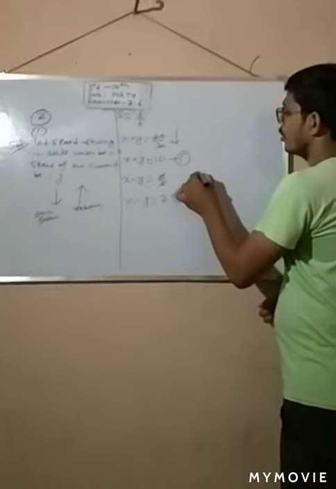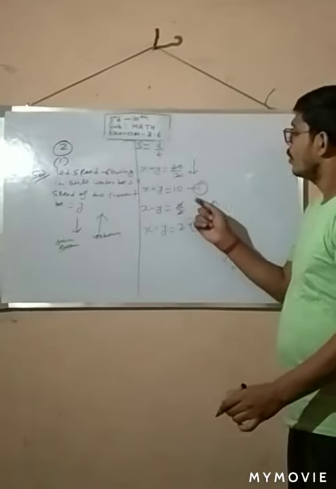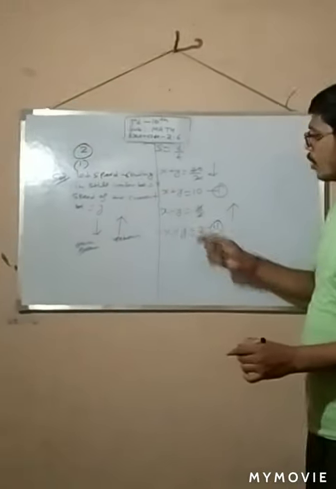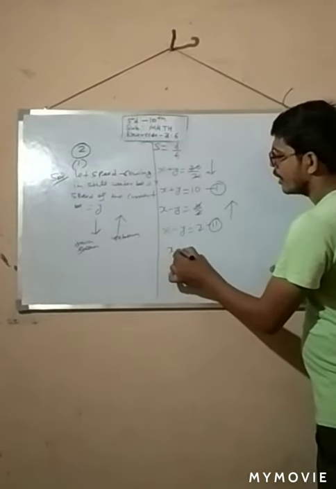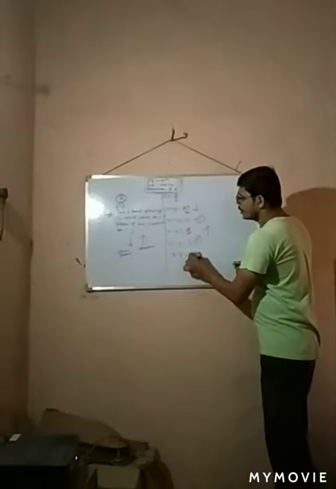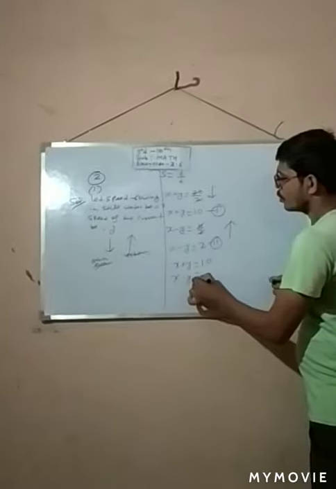Now this is the upstream. So on solving equations 1 and 2, we have x plus y is equal to 10 and x minus y is equal to 2.